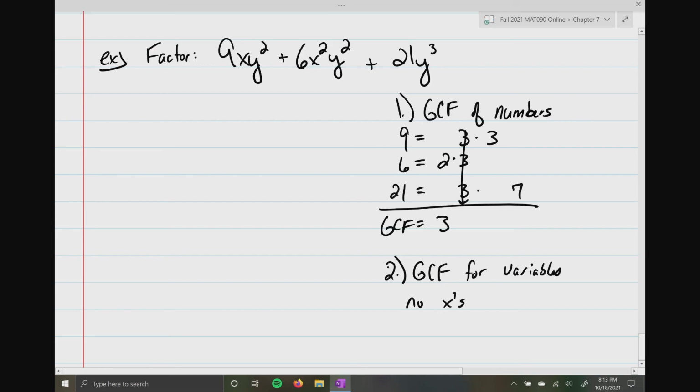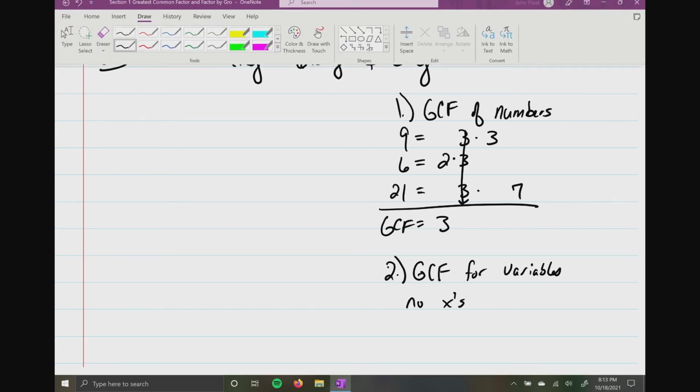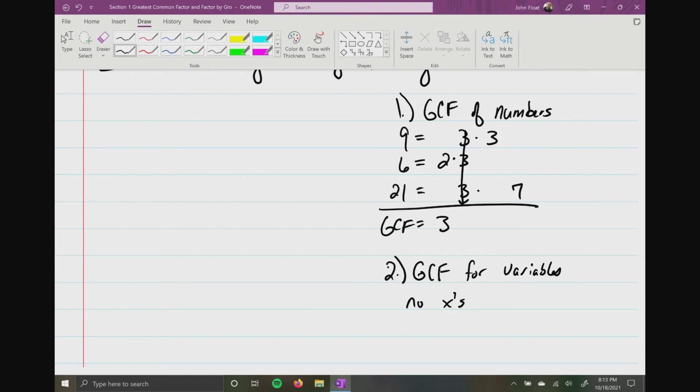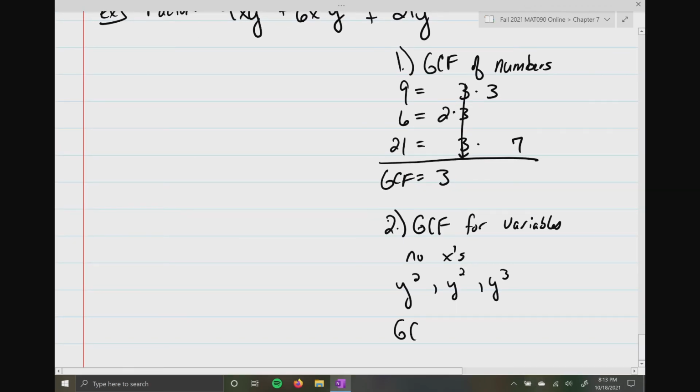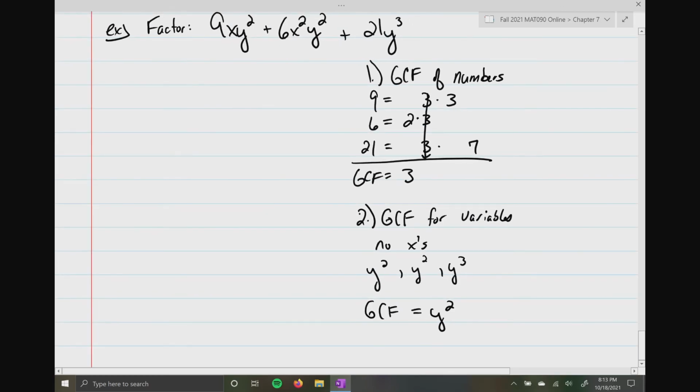Now, let's look at the letter y. I'm going to write down a letter y because I can see it. You've got y to the second, comma, y to the second, comma, y to the third. Remember, the smallest exponent tells you that's your GCF. So our GCF for the variables is just y to the second. Therefore, the overall GCF is going to be 3 times y to the second.